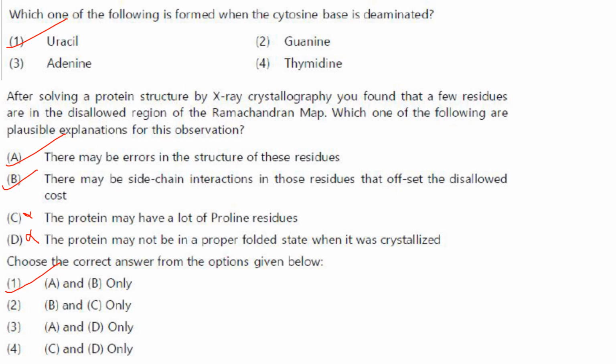There are many side chain interactions in those residues that offset the disallowed cost. That's also correct. The proteins may have a lot of proline residues. No. The protein may not be in a proper folded state when it was crystallized. That is also not correct. So the answer here is A and B only. Answer is option 1.